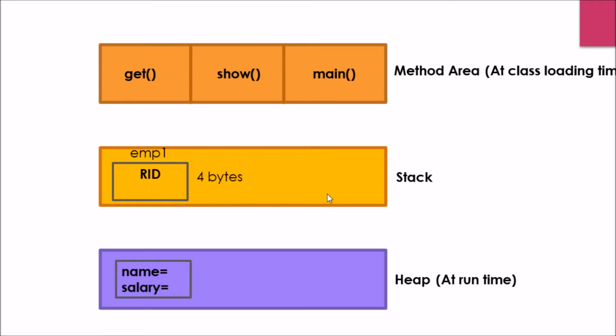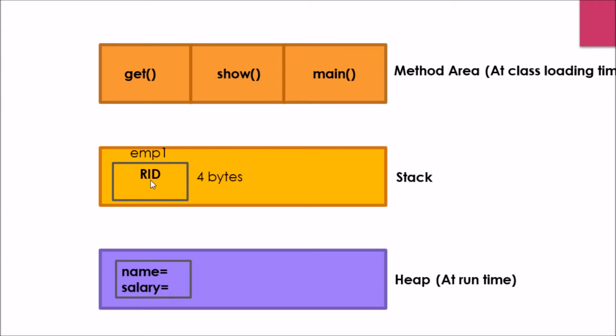If you create an object also, Employee emp1 = new Employee(), that emp1 is simply a variable name, but it is of that class type. That emp1 will hold the RID, as I told you previously. The new operator will create an RID, and the constructor will return that RID to this variable.